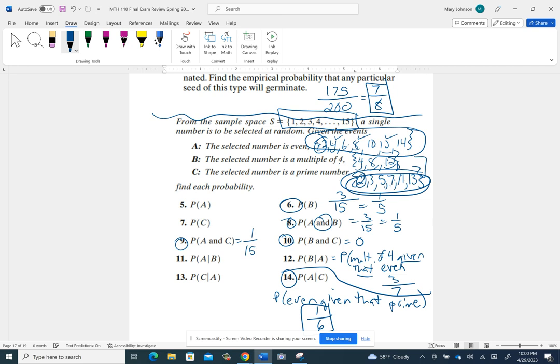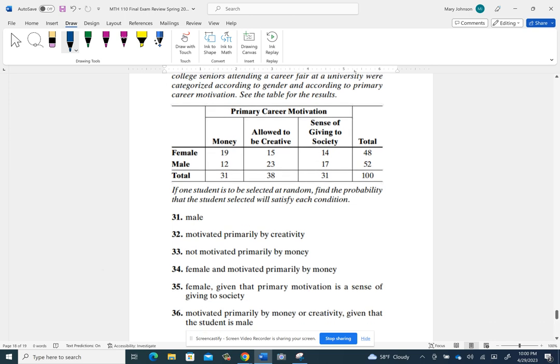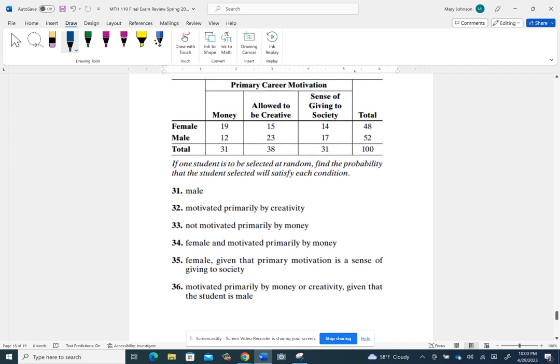Okay. All right. And then they suggested we look at these problems 31 through 36 that relate to this chart here. So the probability of being male would be 52 out of the 100, and you would reduce that. I'm just not going to take time to do that.